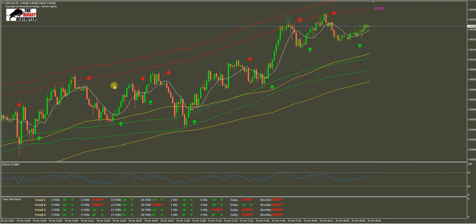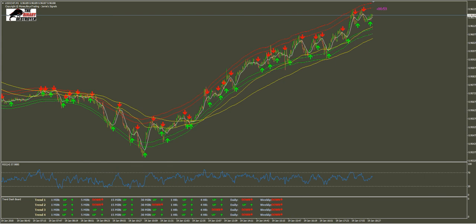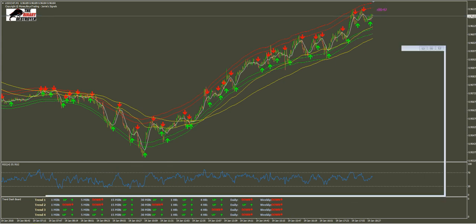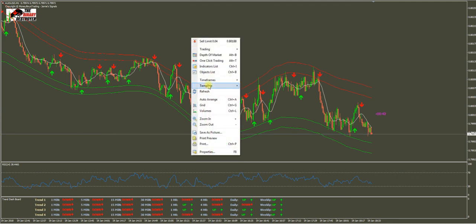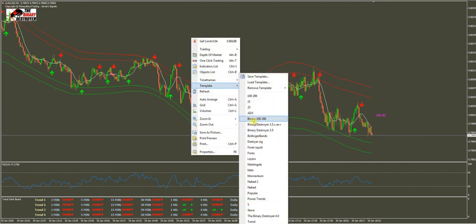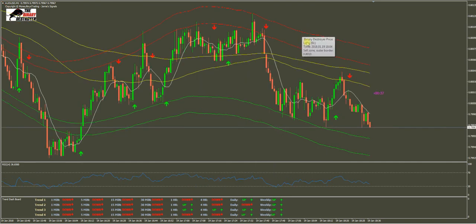So I'm going to try and find you some trades now using the moving average. Okay, I'm going to try and find some pairs that are trending. Oh, nice trade there. Missed that one.